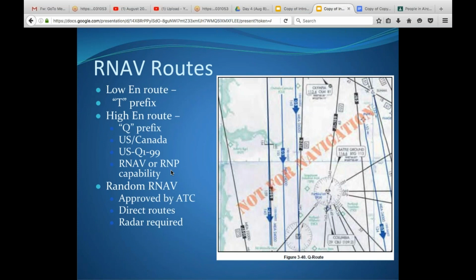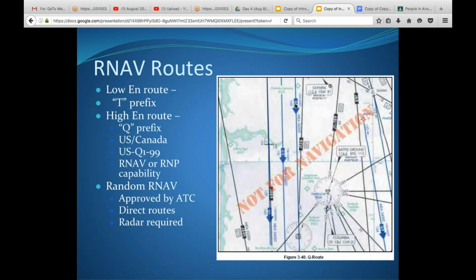So basically, when you're on these Victor routes and jet routes, this ground-based navigation, these VORs are emitting a frequency that planes can find, and that's how they can tell where they are in the air. So when you're on this route in your plane, you can dial into the frequency that this VOR is putting out, and you can find that very easily.